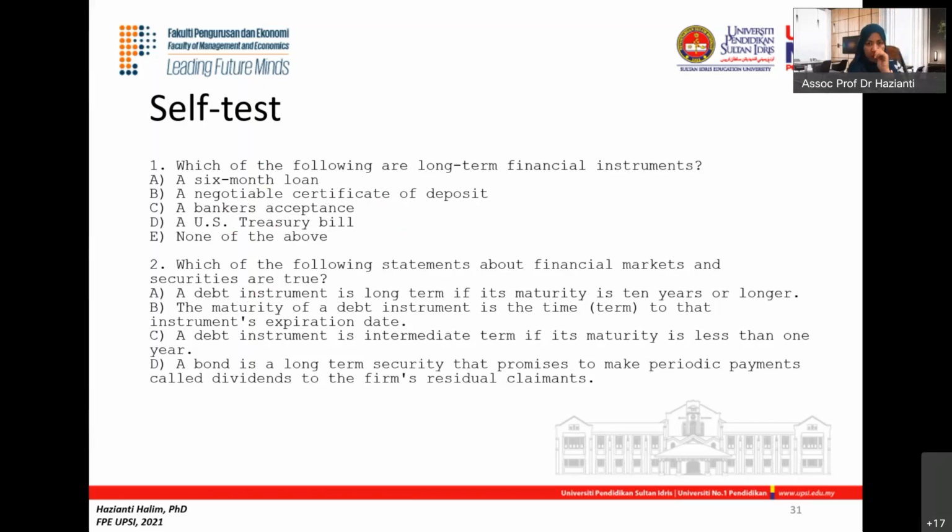Alright, what about number 2? Which of the following statements about financial markets and securities are true? This is about instruments and bonds.